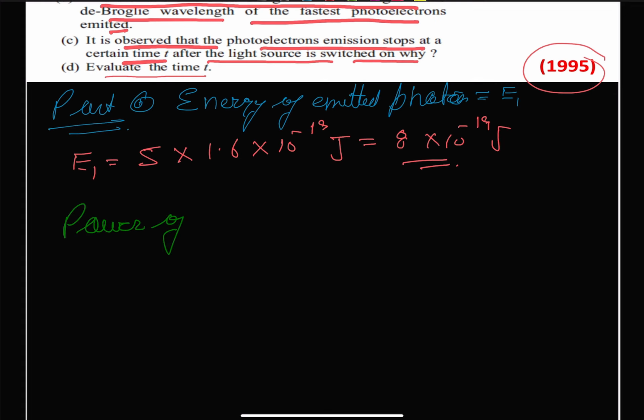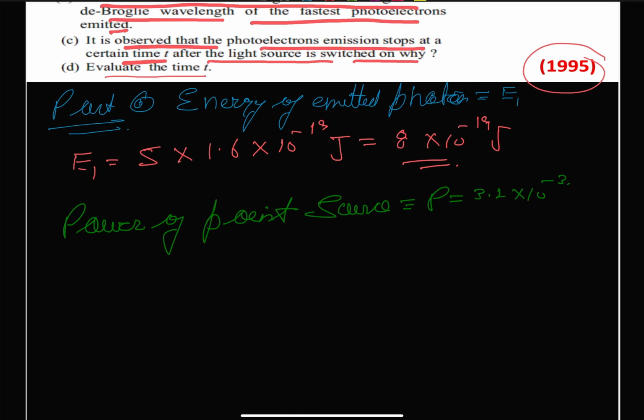Power of point source that is given to us, let us suppose we call this P, is equal to 3.2 into 10 to the power minus 3.